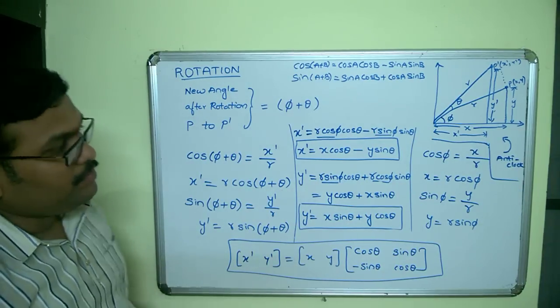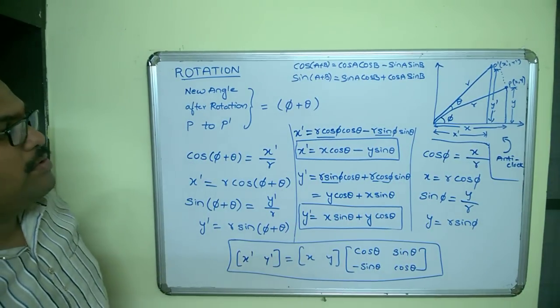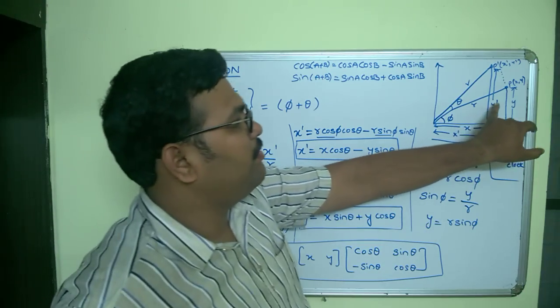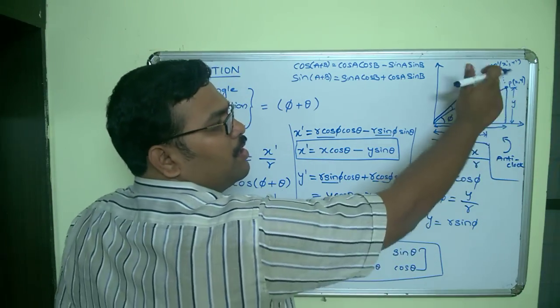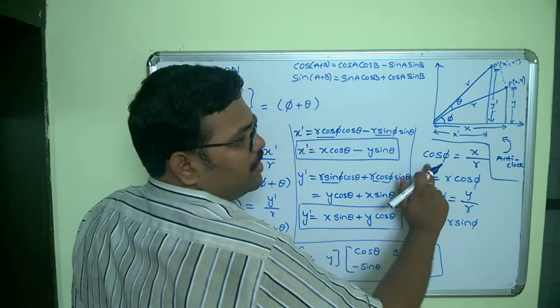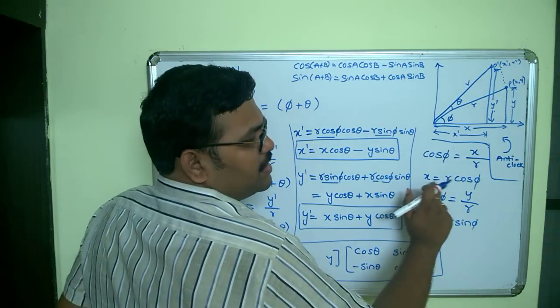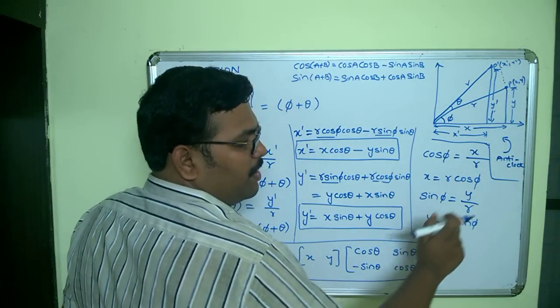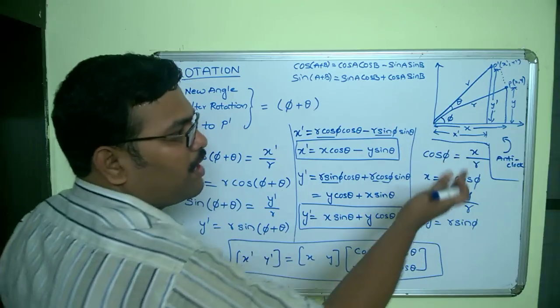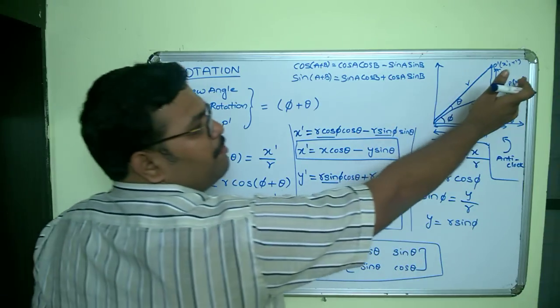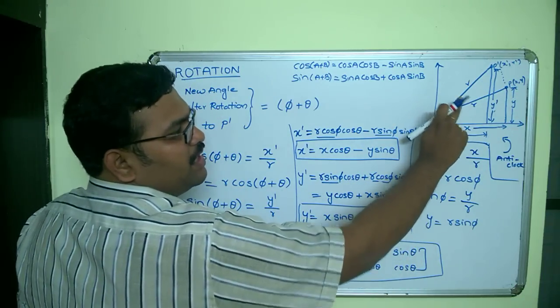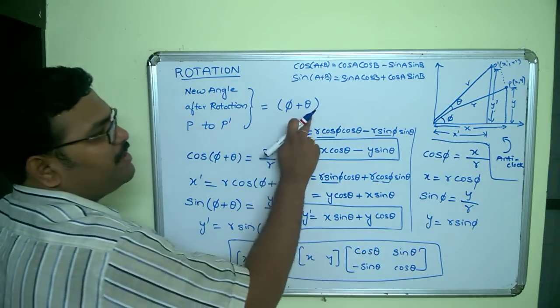Before rotating the point, we consider the angle phi: x is equal to r cos phi, and sin phi is equal to y by r, so y is equal to r sin phi. Now we rotate the point P to P' by an angle theta, so the new angle will be phi plus theta.